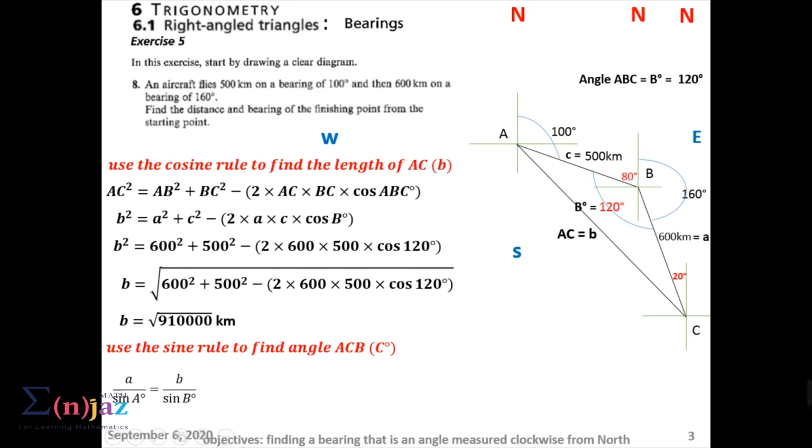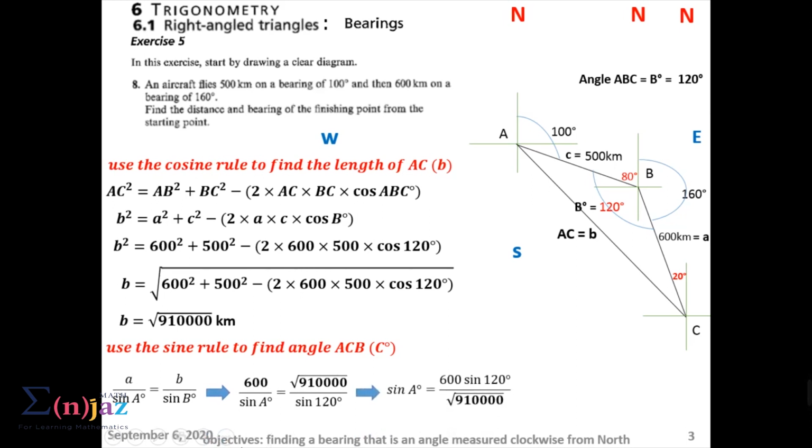That's the sine rule. Now, let's substitute in this formula. a small is 600 over sine A, which is my unknown, is equal to, we found b in the previous step as the square root of 910,000 over sine 120. Let's cross multiply.